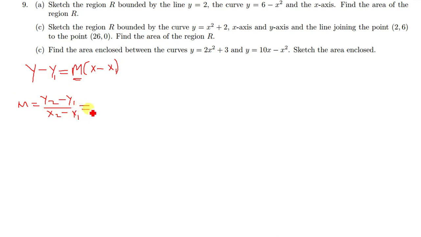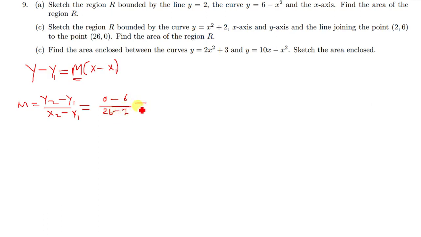So this will now give us, we can choose our y1 to be 0. So we'll have 0 minus 6 over 26 minus 2.